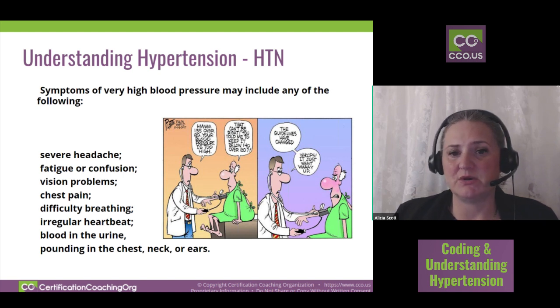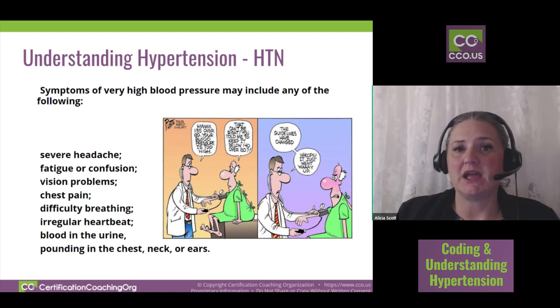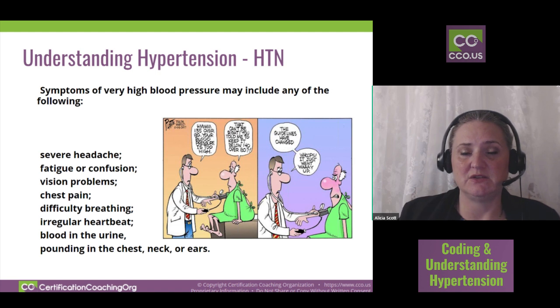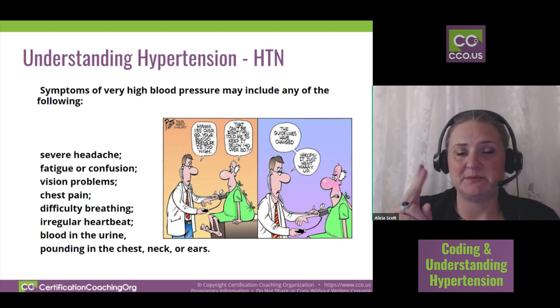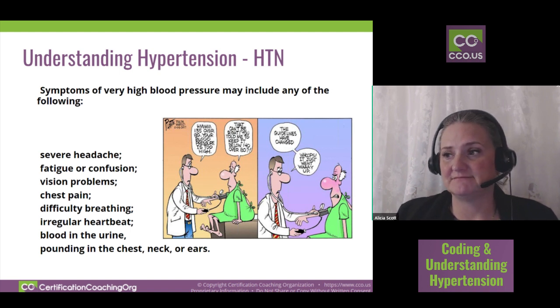I10 is not a combo code, but I11, 12, 13, those are all combo codes. They explain that either you have two things, hypertension and CKD, or you have hypertension, heart failure, or CKD. Those are combo codes. I10 is not.